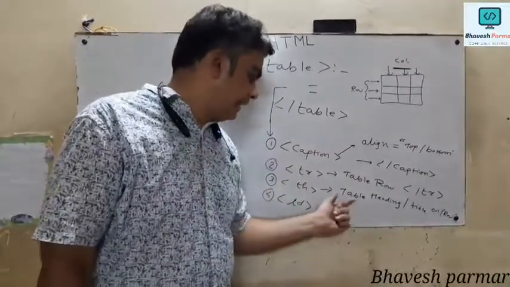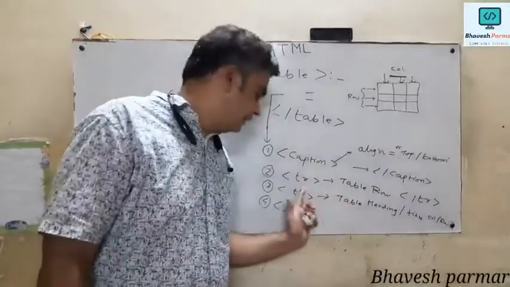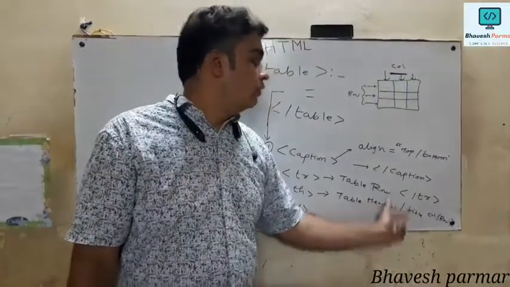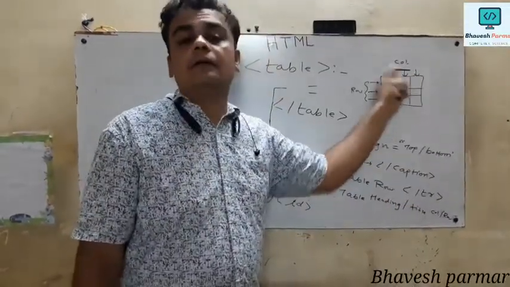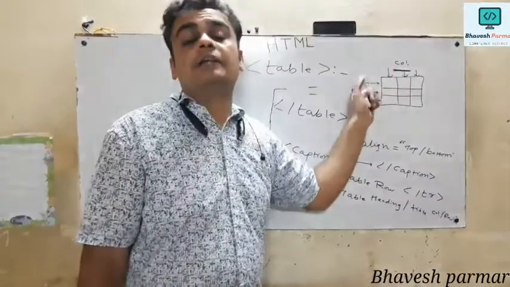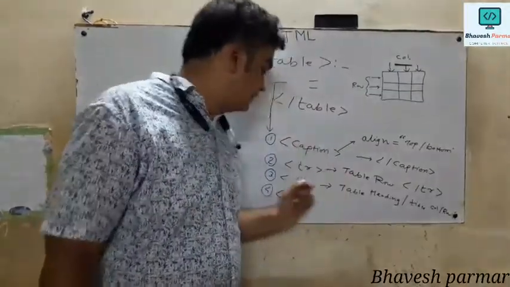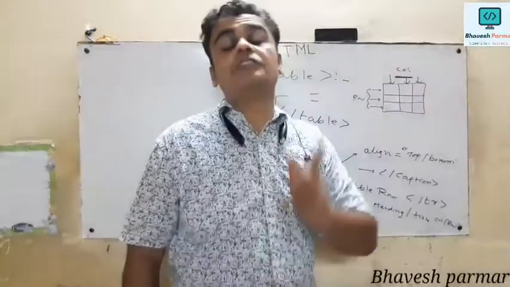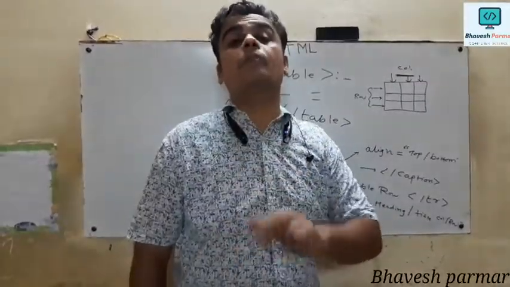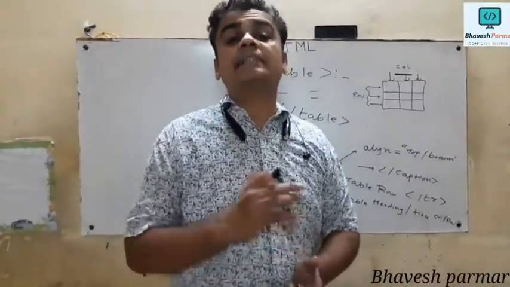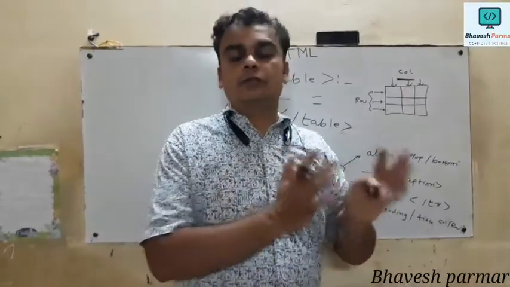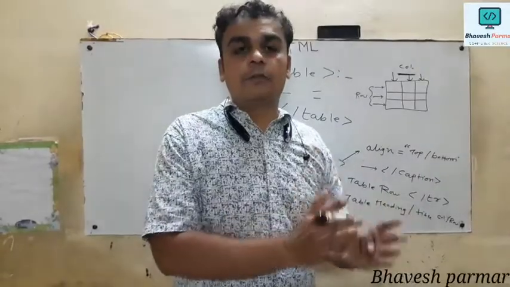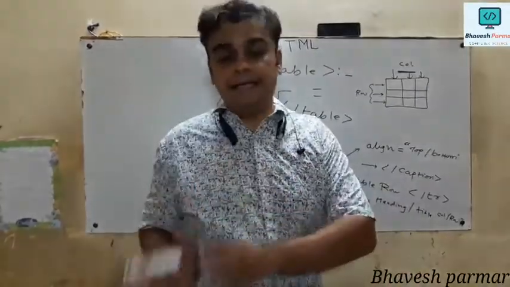For now keep in mind: th represents table heading and it is suitable for giving a proper heading either in column form or in row form. And always remember, th tag reflects the text in bold form. So it gets highlighted to the user and it differentiates between the actual data of the table and the table heading.